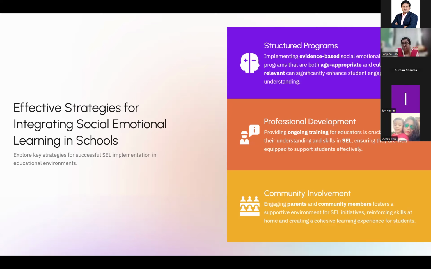Community involvement. Others like parents and community members also have to foster this supportive environment, with initiatives and reinforcement of skills from home, creating cohesive learning experiences for students.